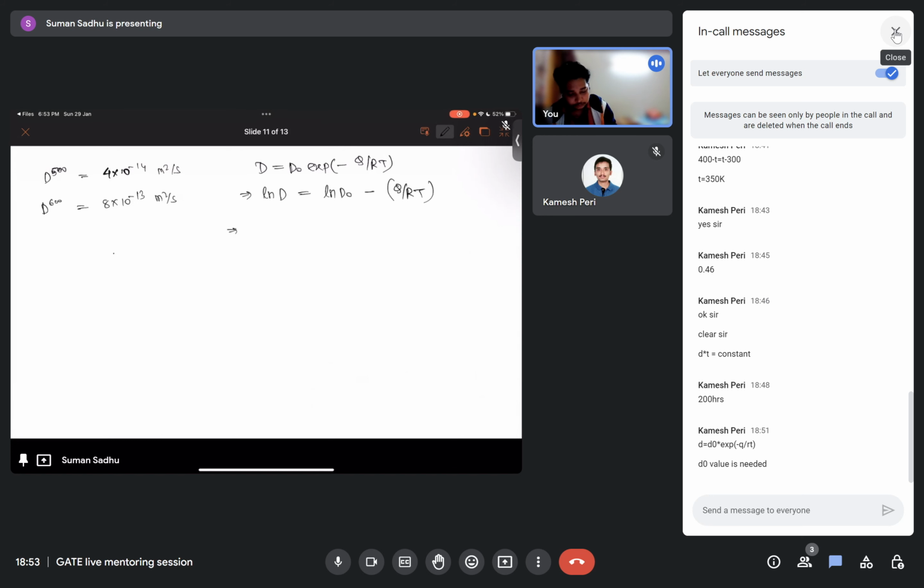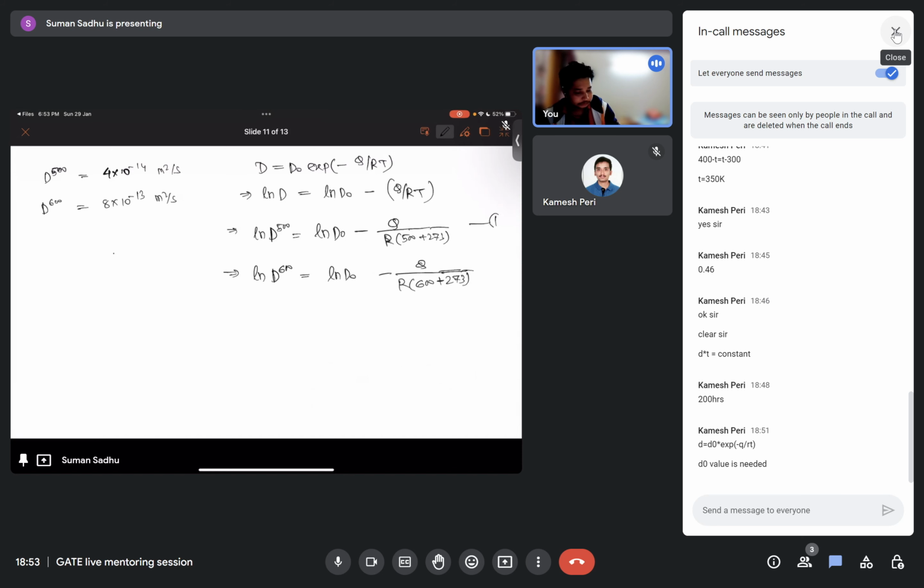Now for one equation you can write ln D at 500 is equal to ln D naught minus Q by R into T, where T is 500 plus 273, and another equation will be ln D at 600 is equal to ln D naught minus Q by R into 600 plus 273.